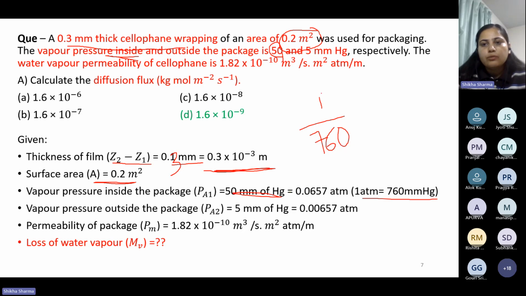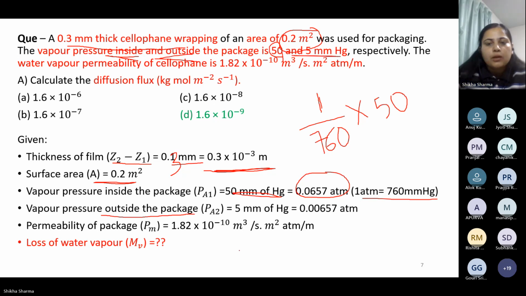So in 50 mm of Hg, it will be 1 upon 760 into 50, which equals 0.0657 atm.